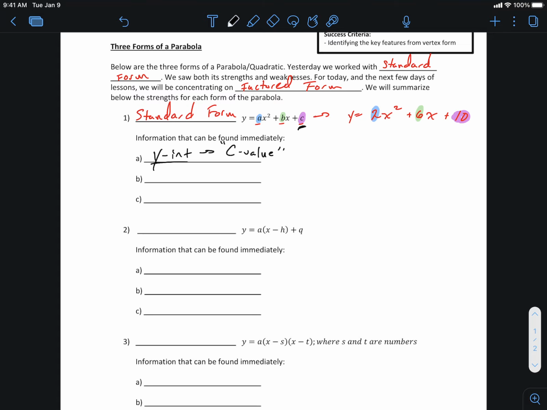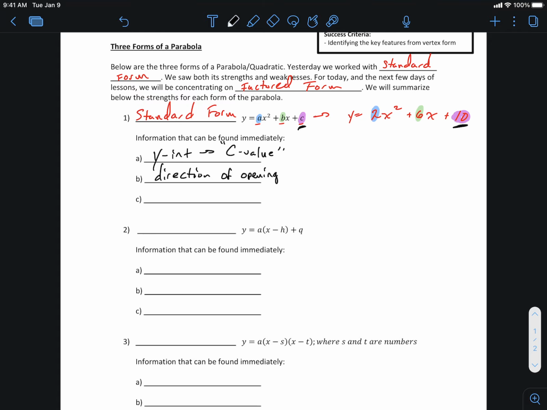It's right there, whatever that number is. So for this particular one, it's 10. We also saw, and I'll do a little more explanation around this today, direction of opening, which most of them can tell you.